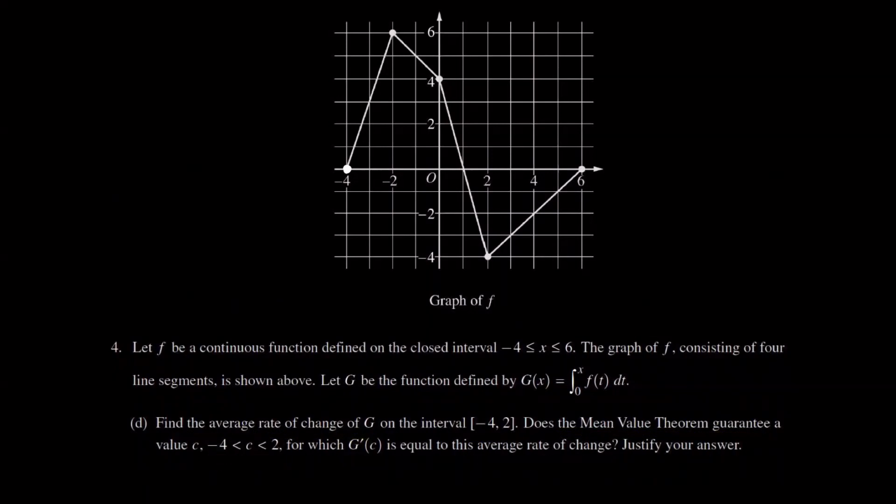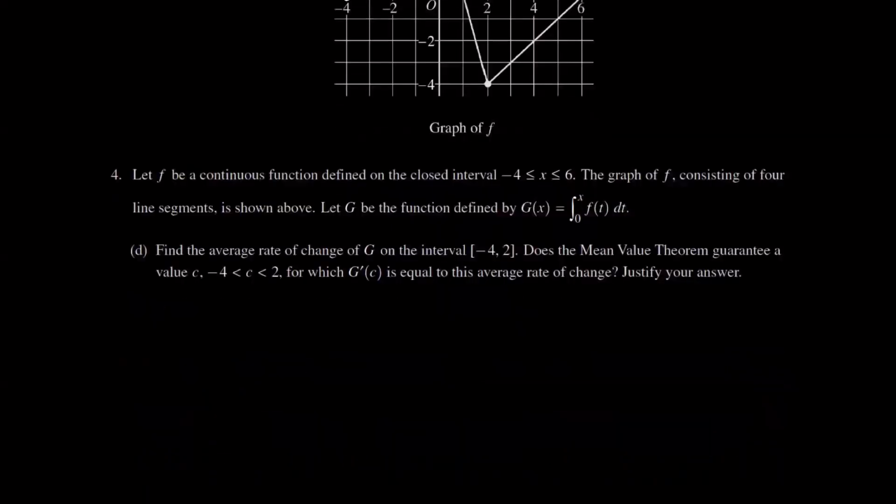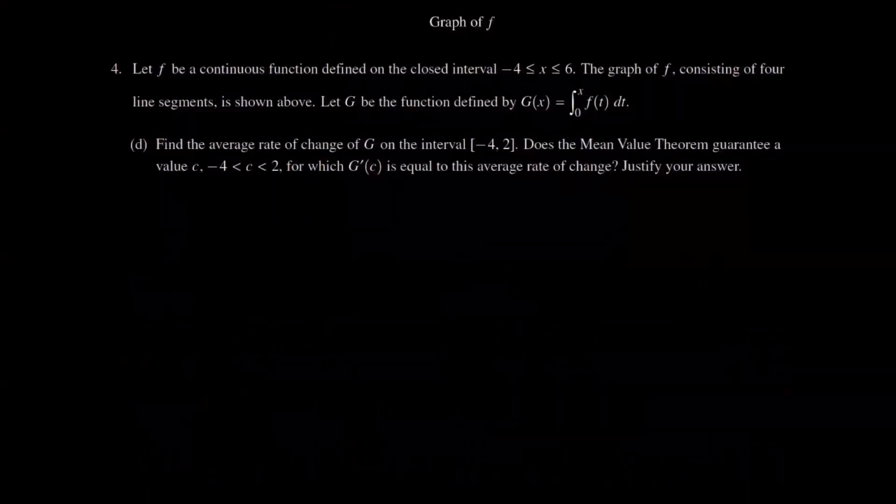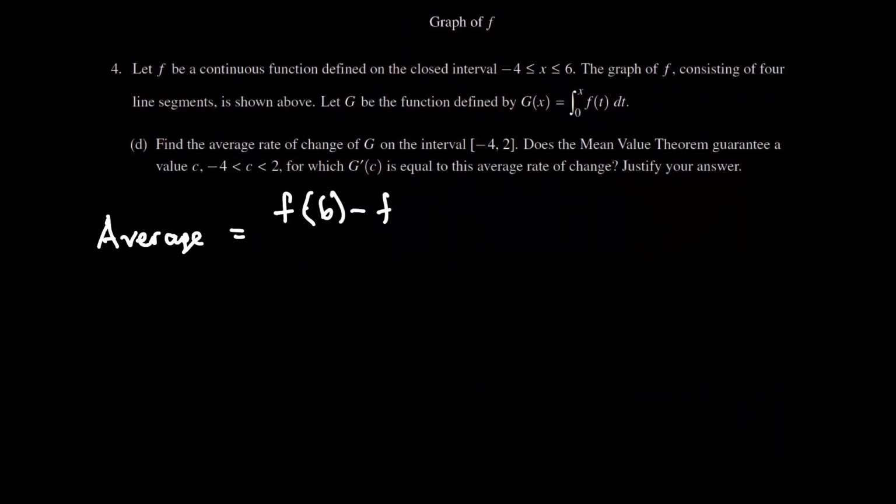And so let's first recall what the average rate of change is. For the interval from a to b, it is equal to f of b minus f of a, the values of the function at the endpoints, divided by the length of the interval.